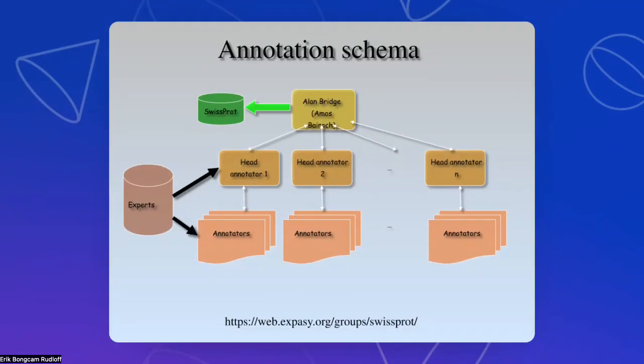Now, why am I talking about manual annotation, which is different from just sending the data yourself as the producer of the data? In Swiss-Prot, there is a very big group in a house in Switzerland.